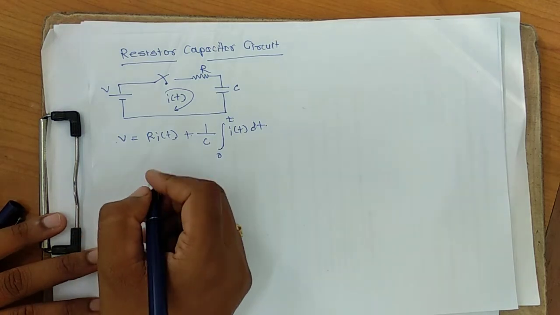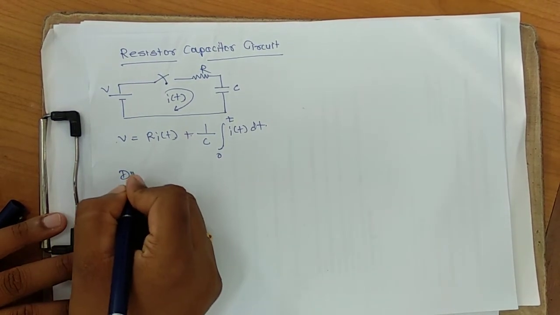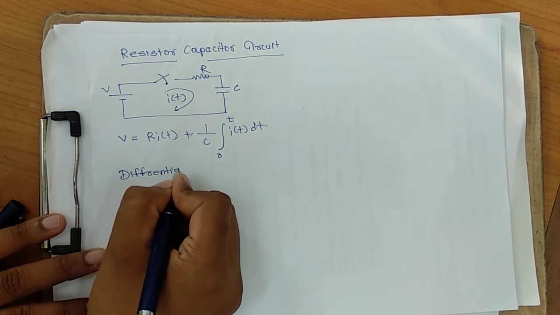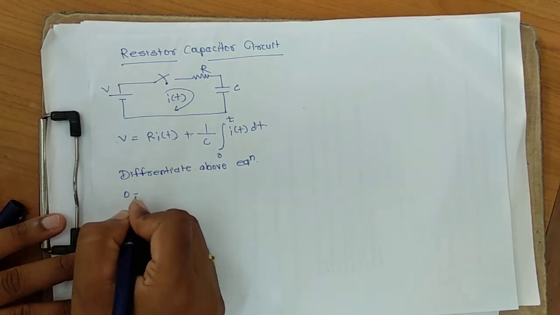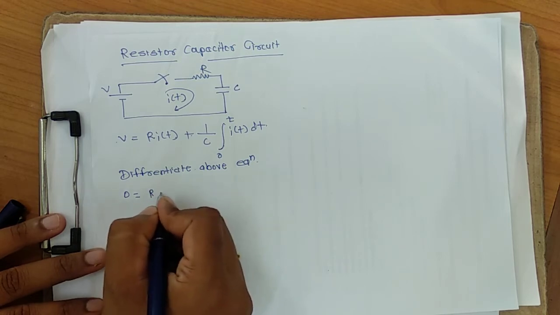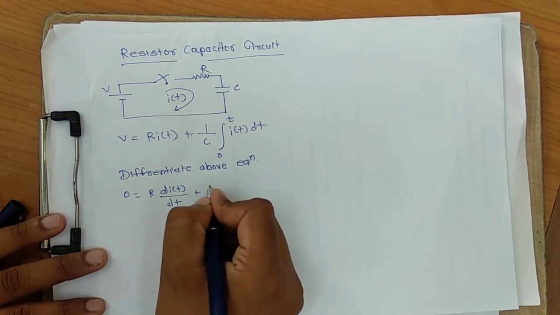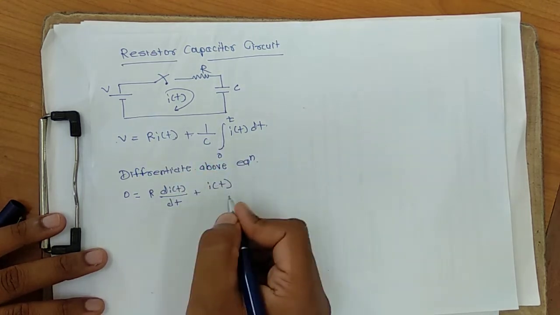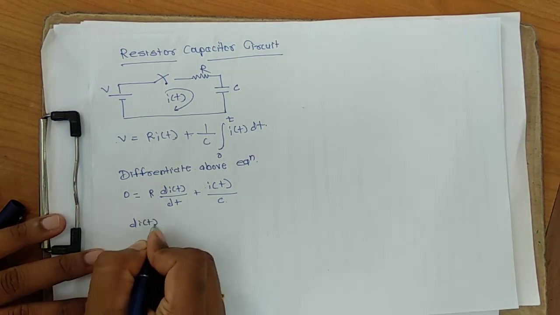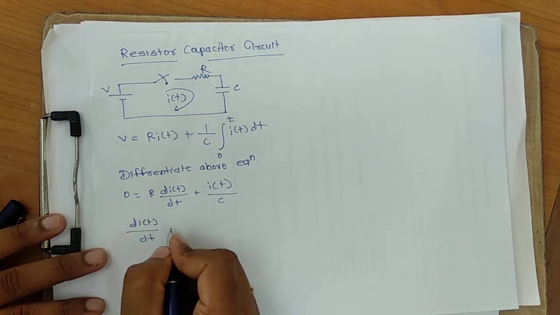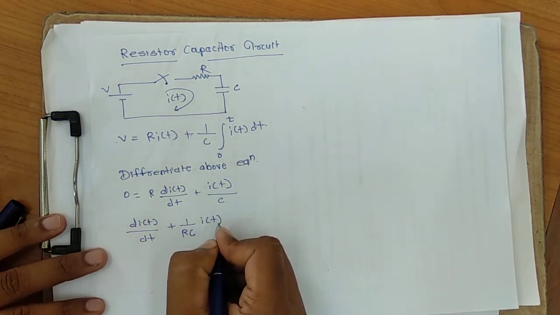Now differentiate the above equation. It will be 0 equals R di of t divided by dt plus I of t; the derivative of the integration gets cancelled, so I of t divided by C. So di of t divided by dt plus 1 by RC I of t is equal to 0.